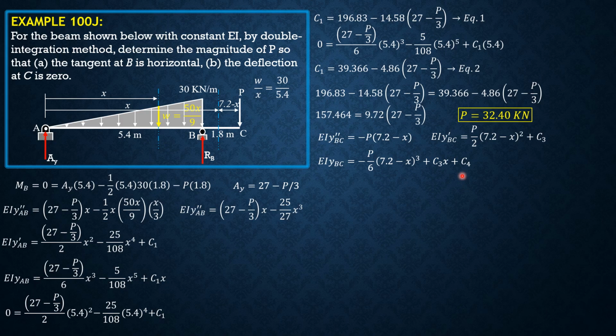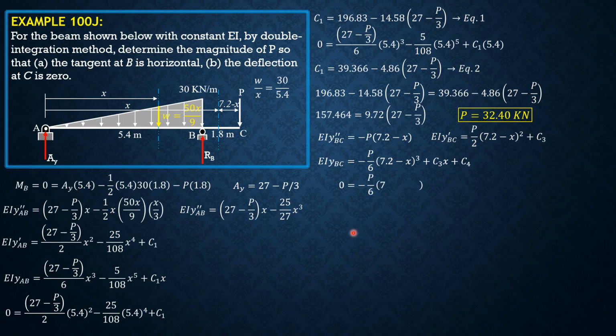So we can evaluate c sub 3 and c sub 4 because there are two conditions. One, the fixed condition that deflection at B is 0 when x is 5.4, and the deflection at C is 0 for this condition in the problem.